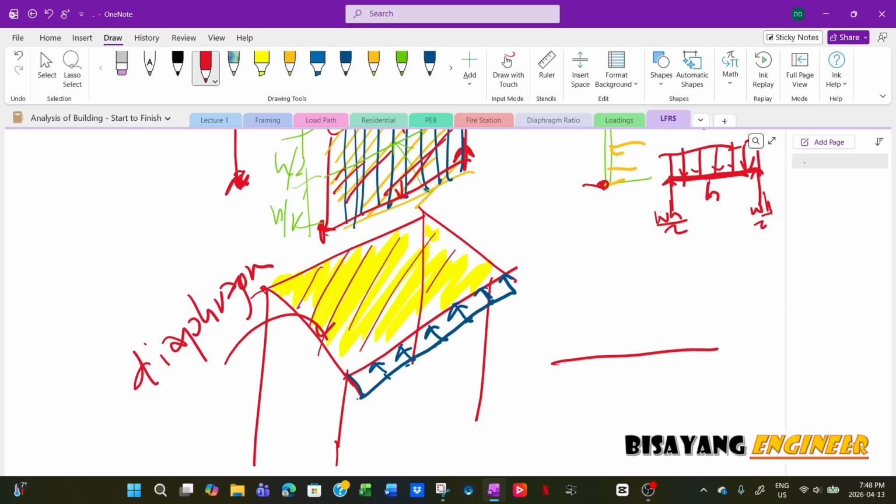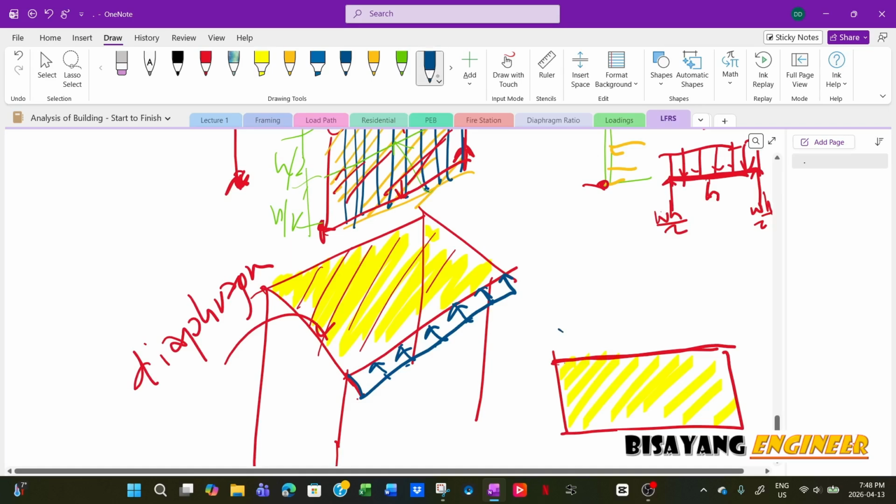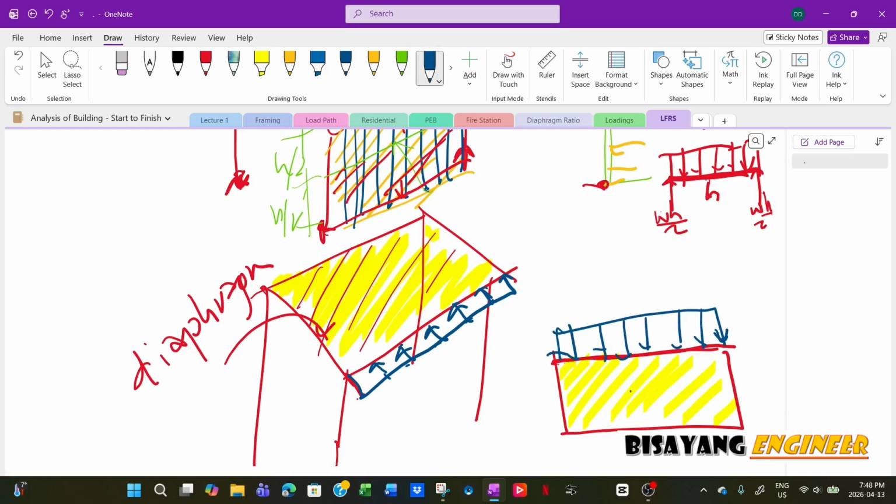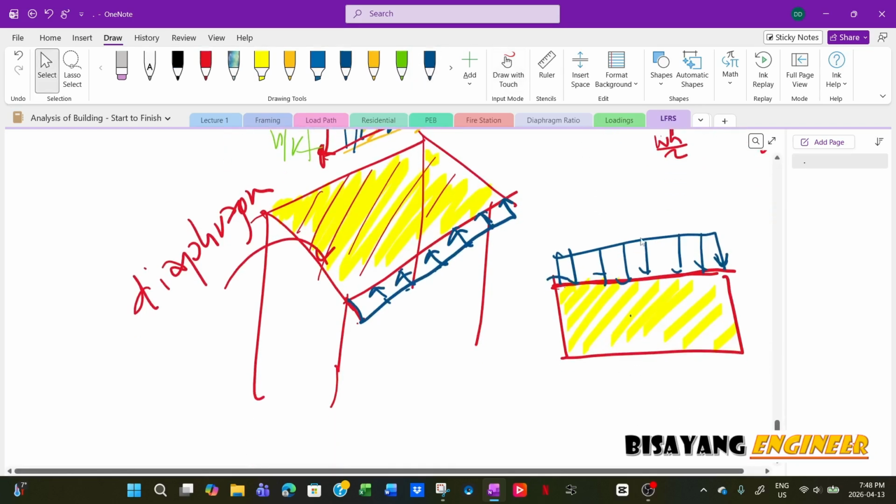So if you rotate it again vertically, so this is your frame, right? If you look at the plan view, if this is the plan view, this is the roof, right? And then this is the wind load. Now, if this is a roof diaphragm, this is like a deep beam.